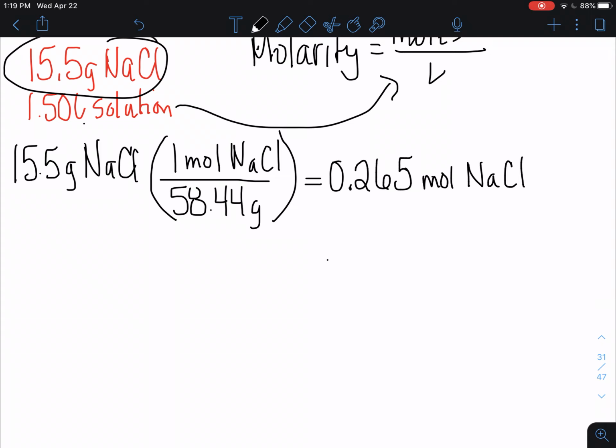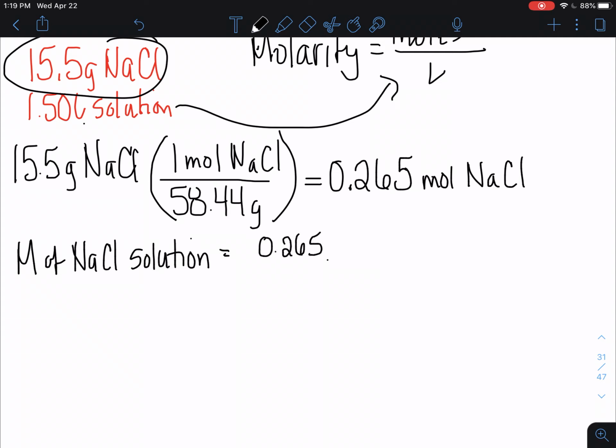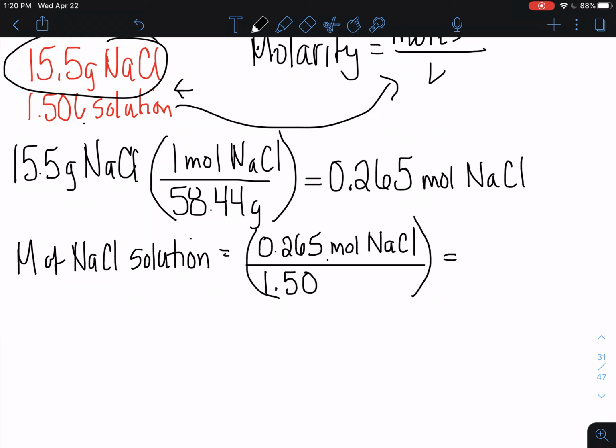So you're going to just take the ratio of those two. So the molarity of NaCl solution is going to equal 0.265 mole NaCl over the liters of solution, which is 1.50 liters.